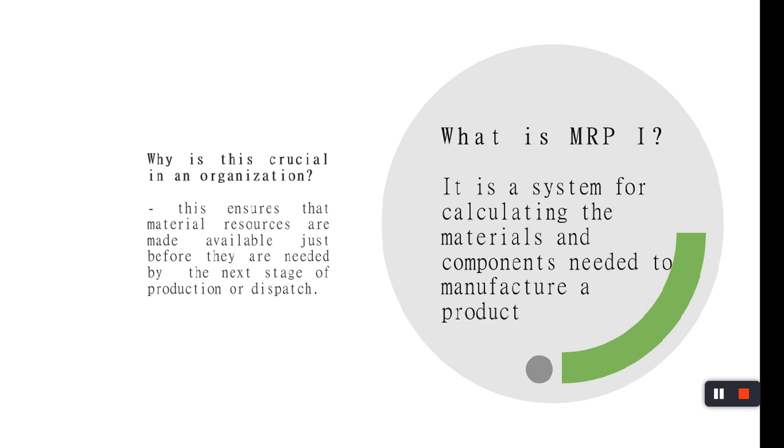And why is MRP 1 crucial in an organization? Because MRP 1 ensures that material resources are made available just before they are needed by the next stage of production or dispatch. So this cuts the waiting time, and ensures that the raw materials needed in the next step of production are already available, so as to prevent delays.